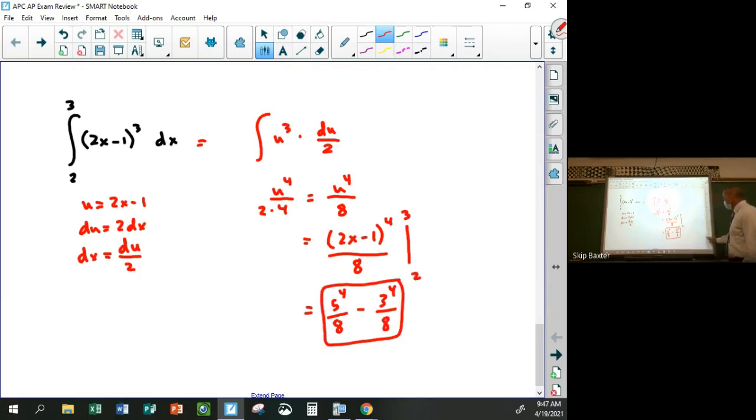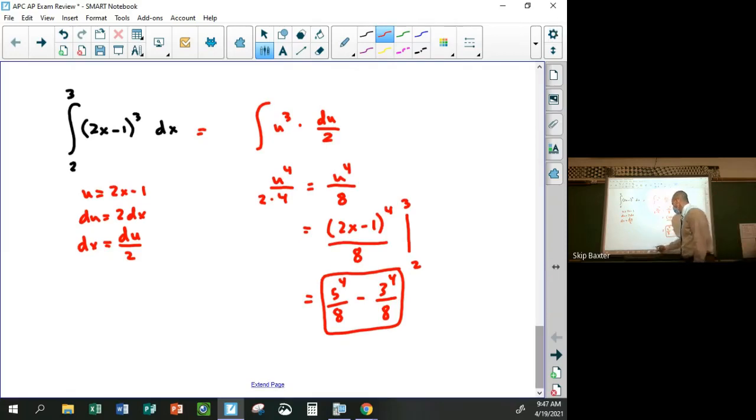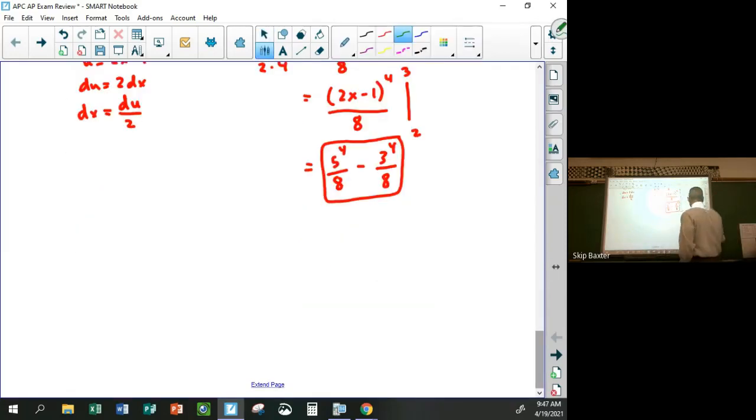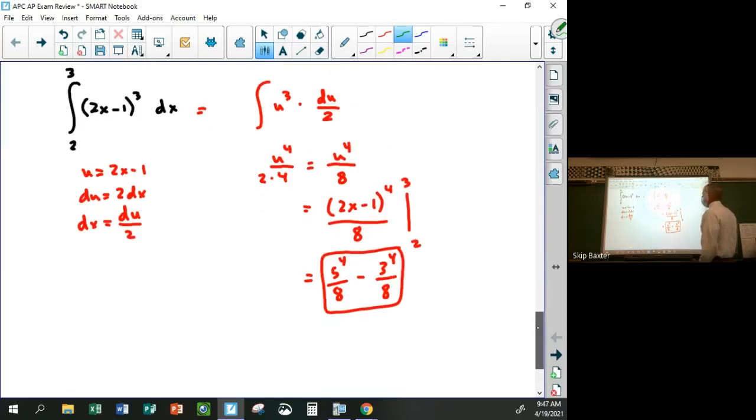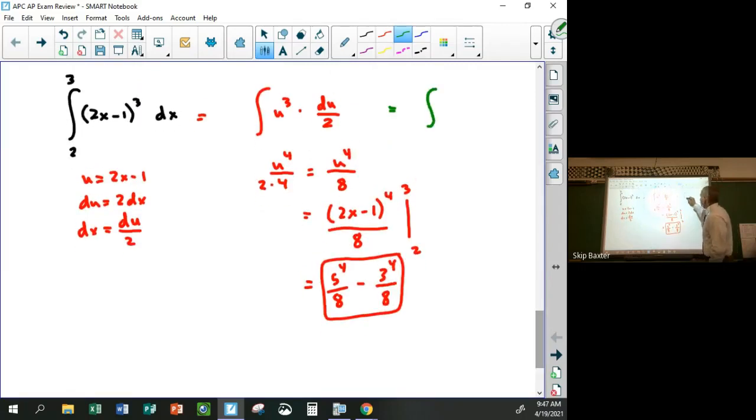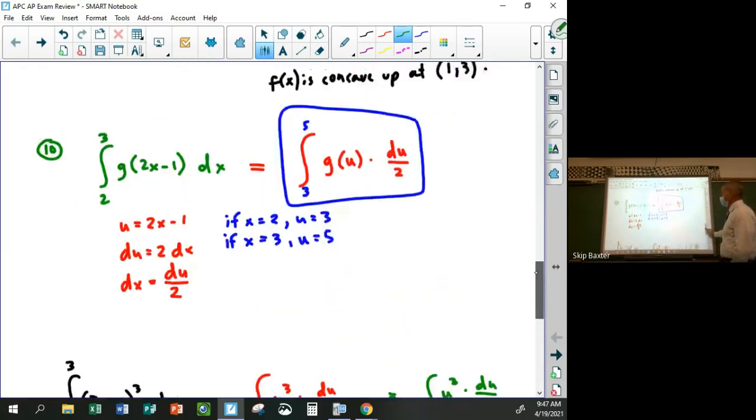The other way to do it, a totally different way, is you could make the substitution, but then change the limits of integration. So this would end up being the integral of u cubed du over 2. And then you change the limits of integration like we did in the previous problem, which goes from 3 to 5.